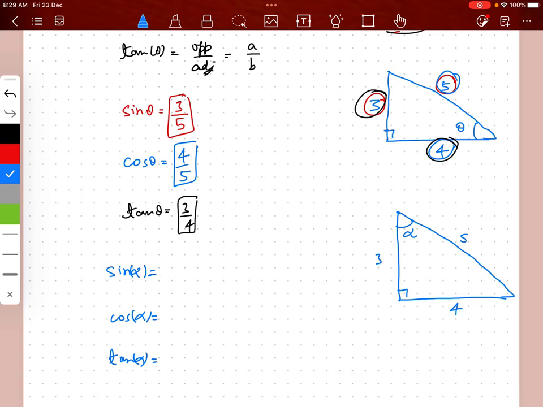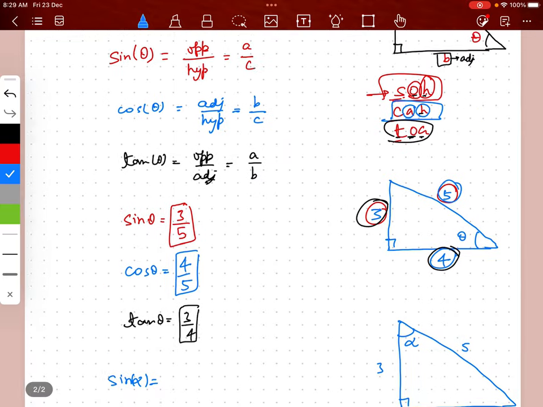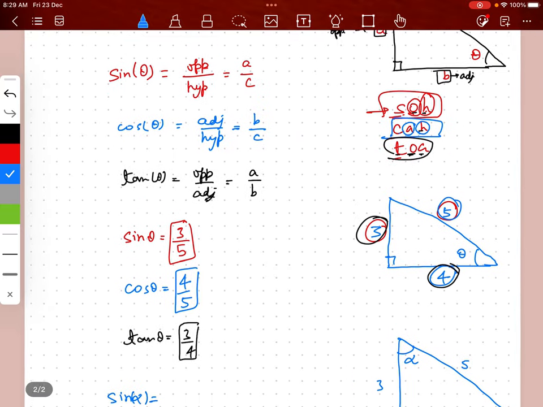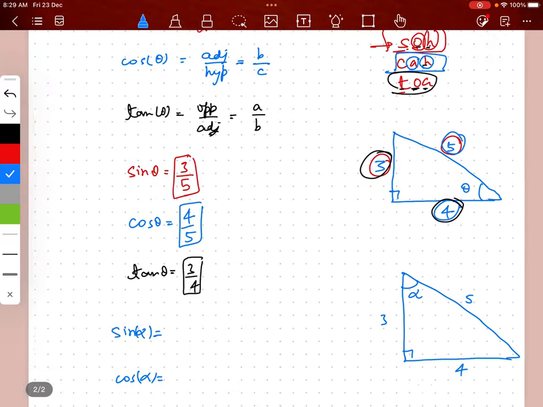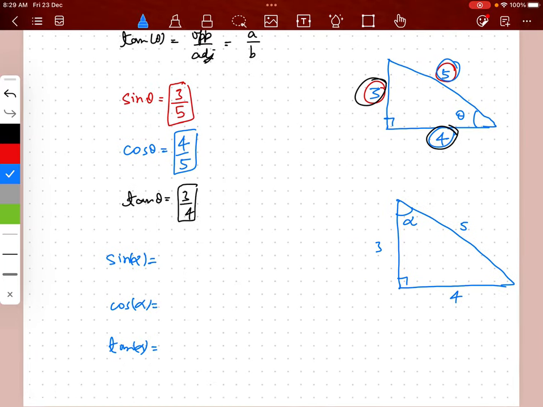So I guess you might have attempted this one on your own. So basically sine alpha is what? Sine alpha is the ratio of opposite over hypotenuse, okay? Whenever you do a problem like this, just write somewhere on the side of the paper, SOH CAH TOA.